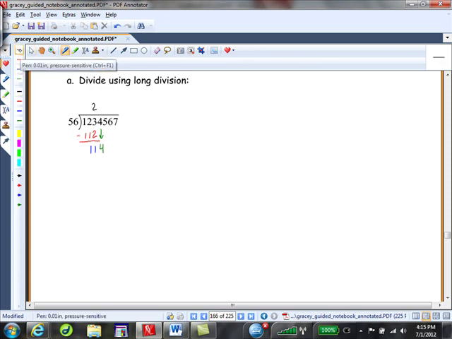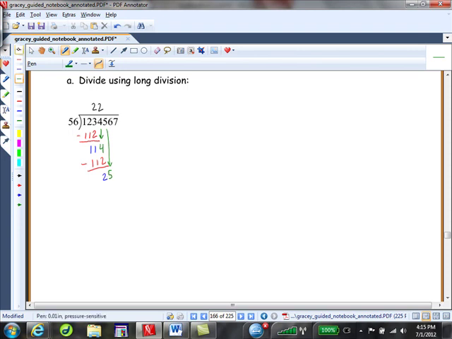So again, we're thinking, how many 56s are in 114? We know there will be 2 from above. 2 times 56 gives us 112. We are subtracting that from the 114. We get a result for our remainder of 2. And then we are bringing down this 5.